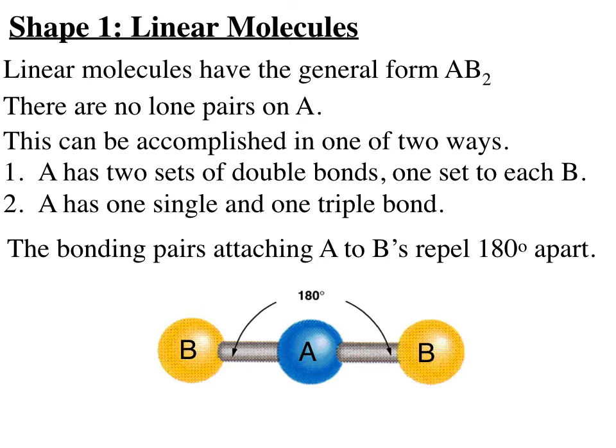But because there are no non-bonding pairs on A, the AB bond on the left gets as far away from the AB bond on the right as it can. So the bonds push apart until they're 180 degrees apart, and that is the maximum distance with the minimum repulsion that those two can feel for one another.